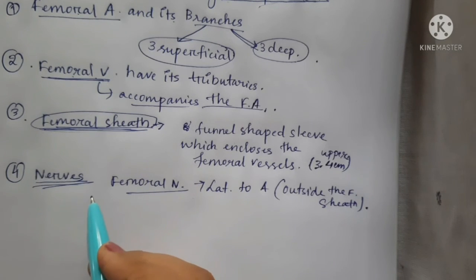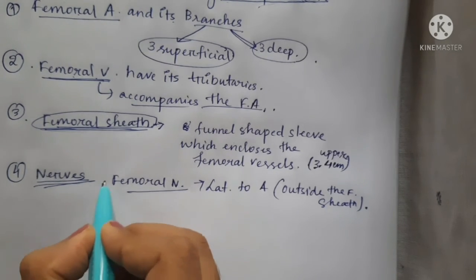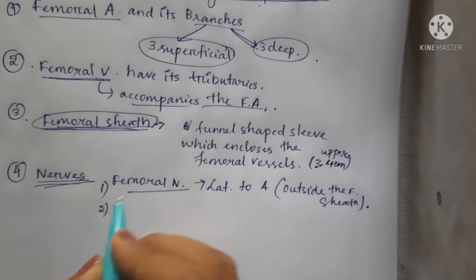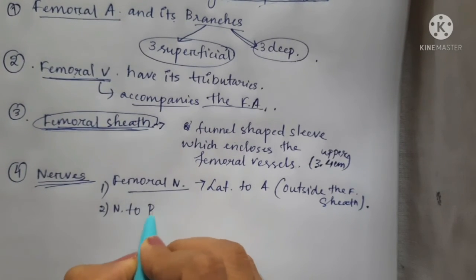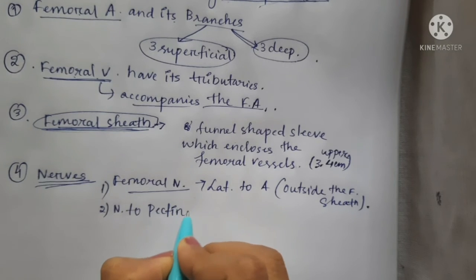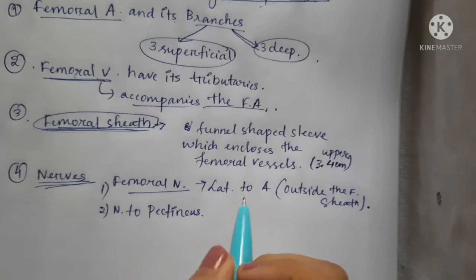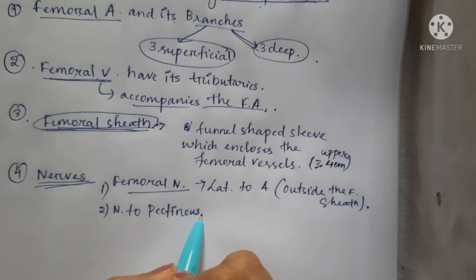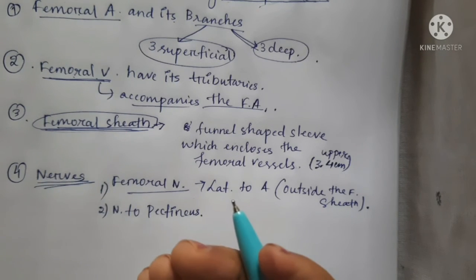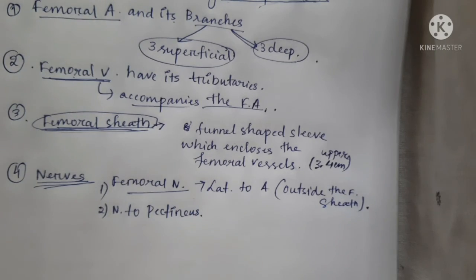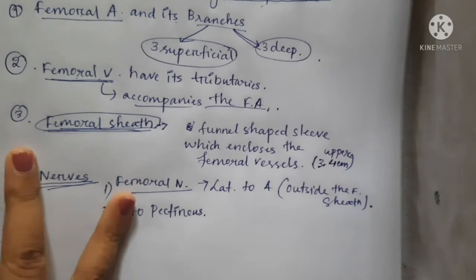Then the nerve to pectineus. And second nerve is the nerve to pectineus muscle. Pectineus muscle, where have we learned about this? Pectineus muscle comes in the floor of the femoral triangle. Remember?